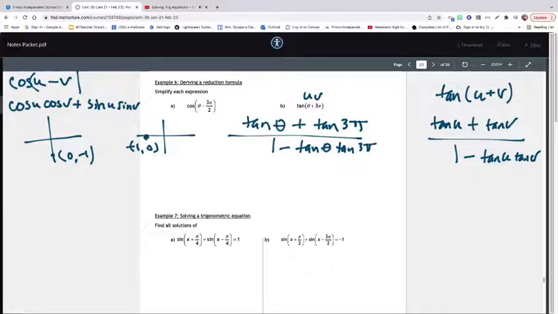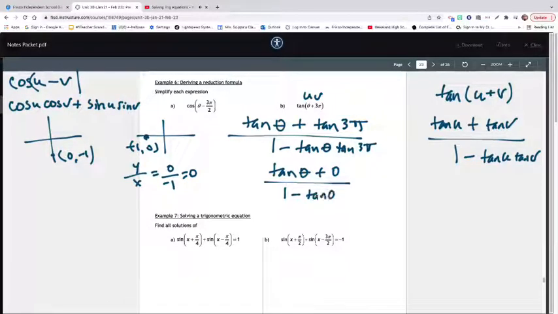So remember, tangent is y over x, so it's just going to be 0 over -1, which is just 0. So that'll be tangent of theta plus 0 over 1 minus tangent theta times 0, which means it's just 0, equals tangent theta over 1, which is just tangent theta. And that one's simplified.